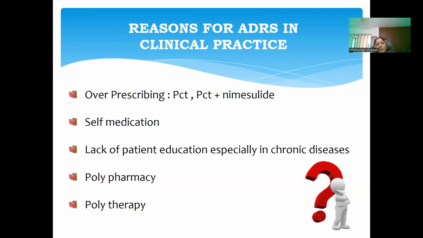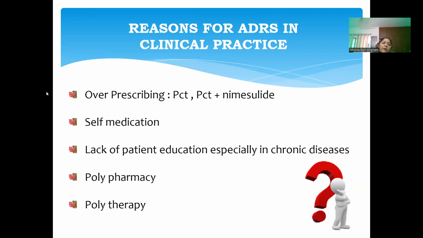Then polypharmacy means using more than 5 drugs. There are many geriatric patients, and even people with comorbid conditions, because of which we have to use many drugs. So polypharmacy leads to drug interactions and many other problems, and ADRs can result from that.